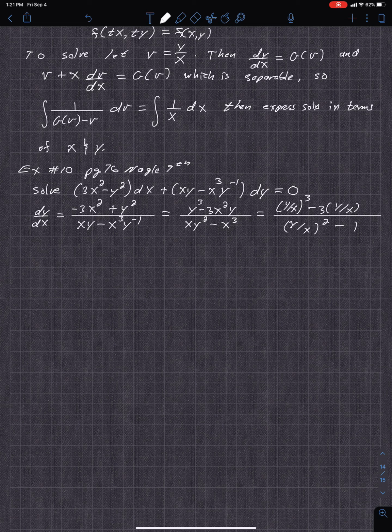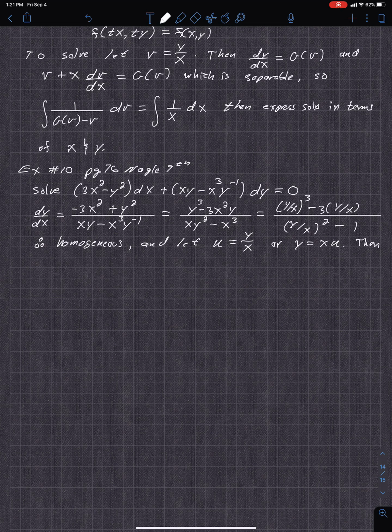If you do that, then it's homogeneous. So therefore, homogeneous, and we can let u equal y over x. Doesn't matter the variable. Or y is equal to xu.